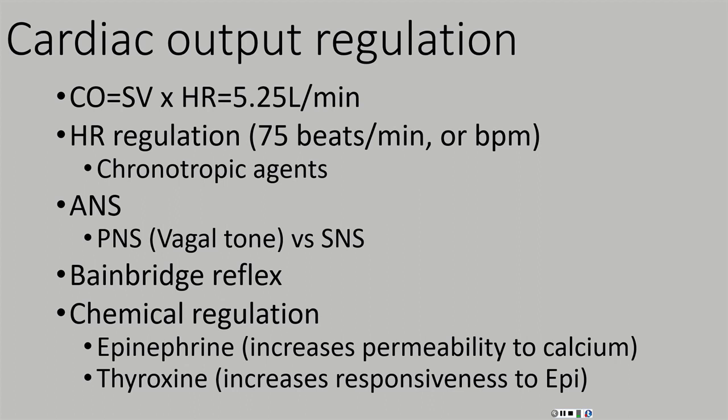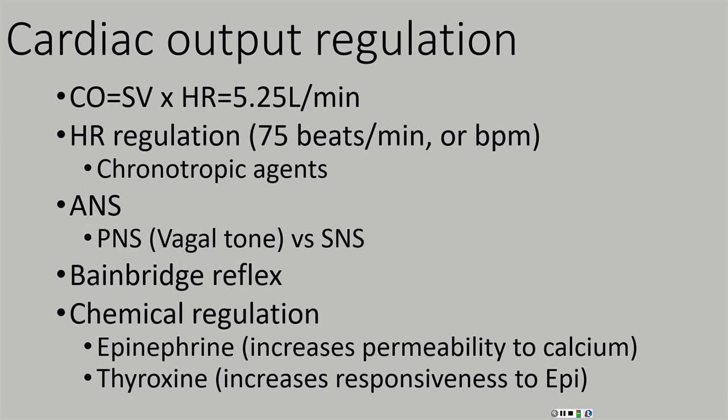Chronotropic agents are factors that either increase or decrease heart rate. Now, there are positive chronotropic agents that increase heart rate, and there are negative chronotropic agents that decrease heart rate. Positive chronotropic increase, negative chronotropic decrease.